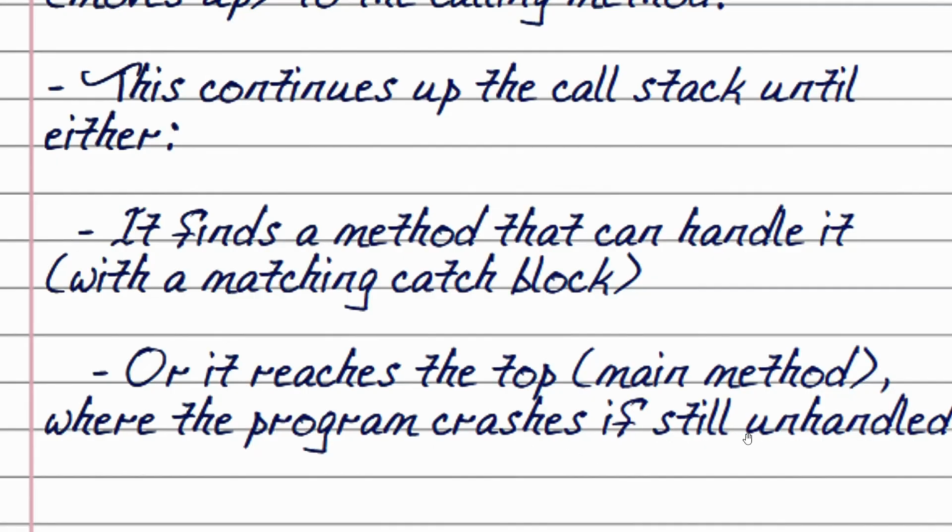The exception will propagate until it finds a try and catch block within a method, or it will reach the main method. Suppose the main method also throws that exception, then the JVM will handle it. That is nothing but the Java Virtual Machine. It will handle that exception.